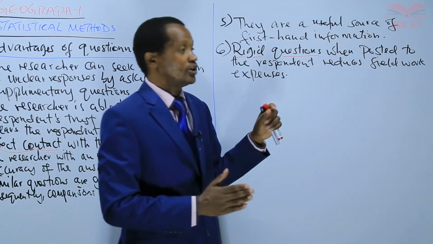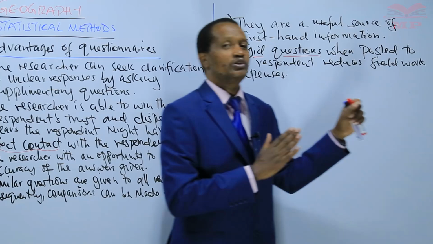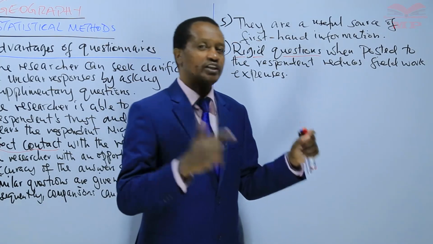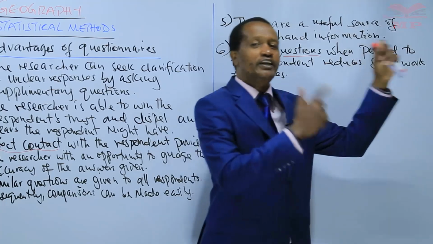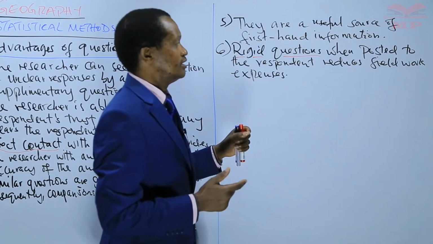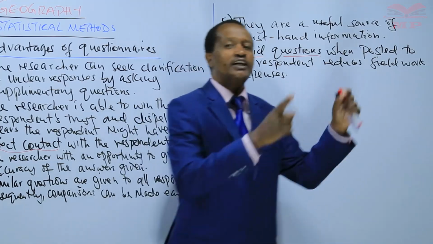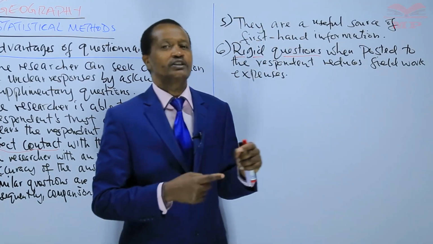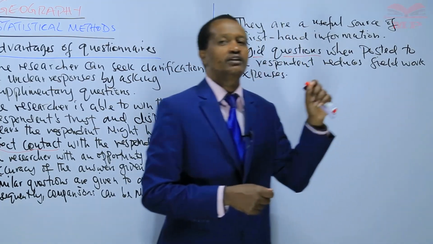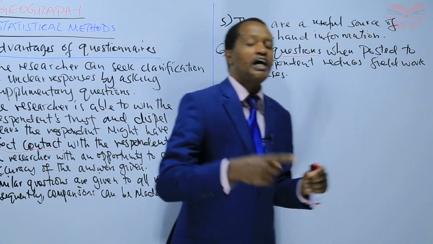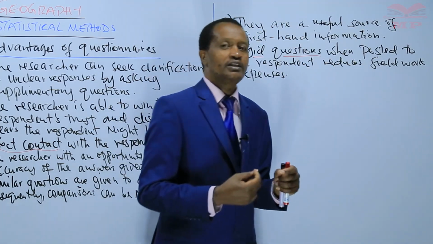They can be sent to the respondents so that the researcher does not necessarily need to go to the field. When the researcher avoids going to the field, the expenses are reduced, like transport expenses, the meals that the researcher takes while in the field, accommodation expenses, and so on.